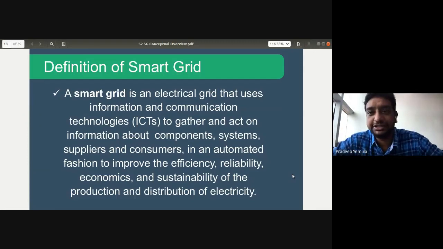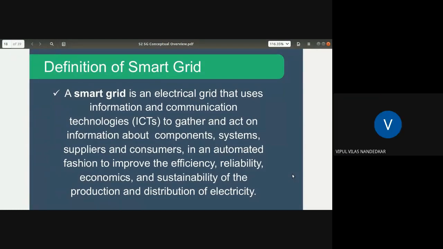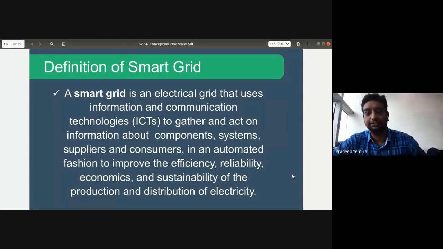So everything is clear? Anybody having any questions or any observations? Sir, I have a question. Okay, Vipul has a question.